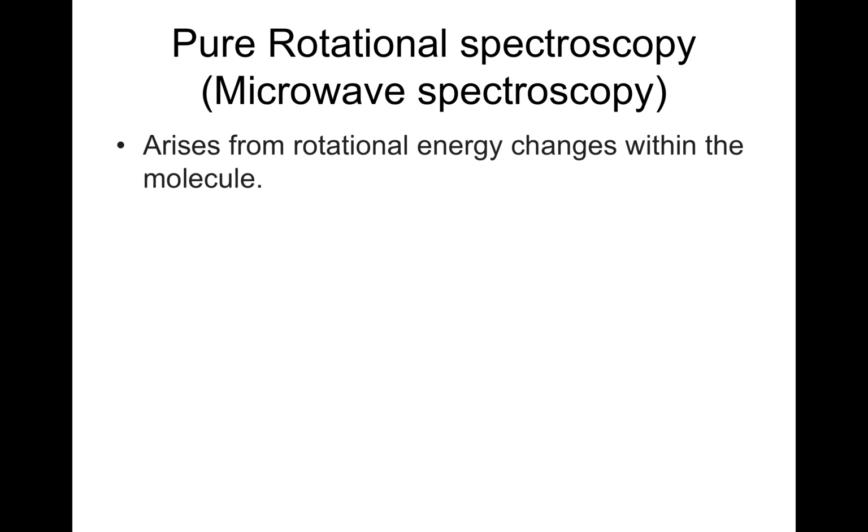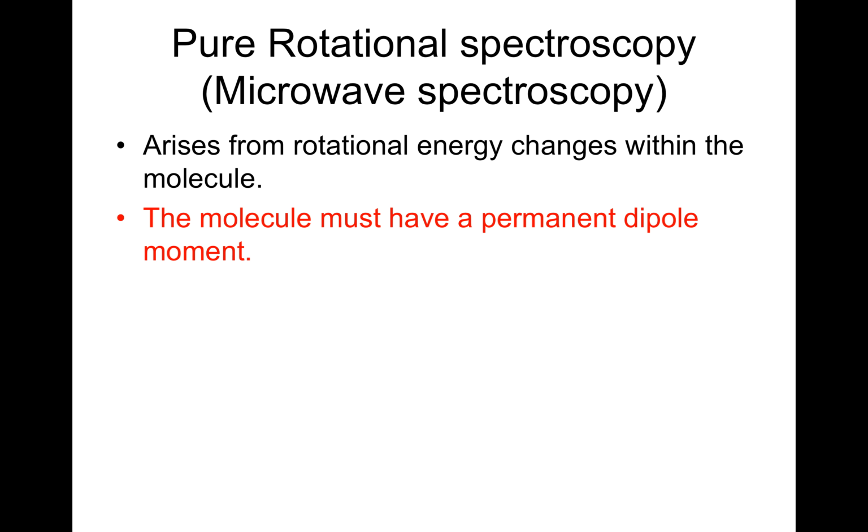Okay, let's start by looking at pure rotational spectroscopy, or microwave spectroscopy. This arises from rotational energy changes within the molecule. The molecule must have a permanent dipole moment for it to absorb in the microwave.